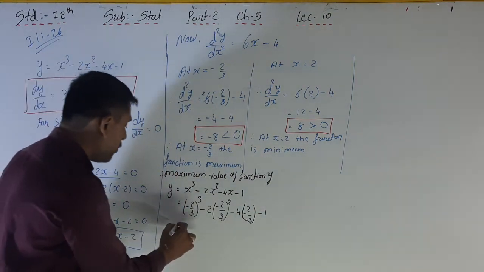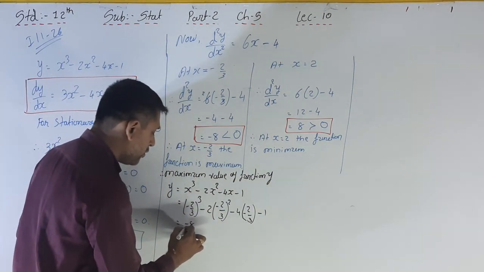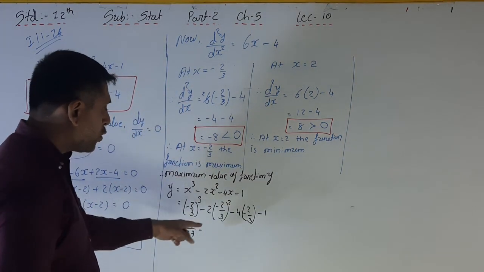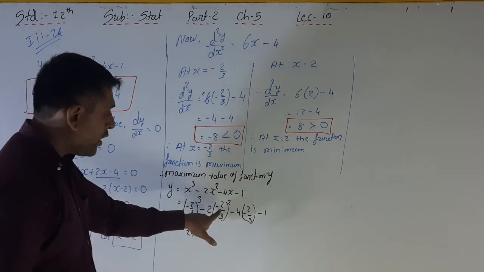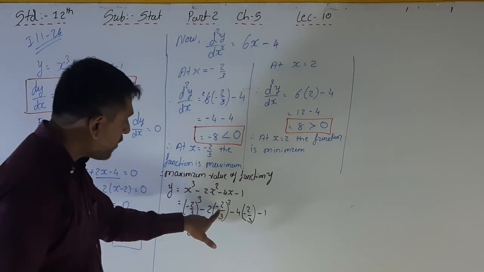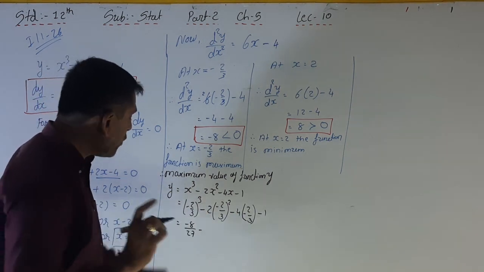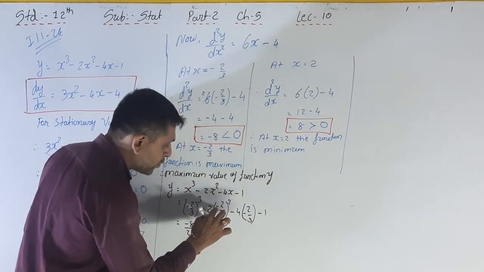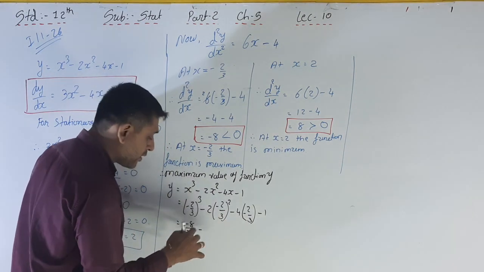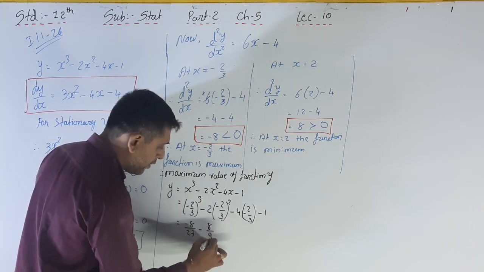Okay, so what is the simplification? Minus 2 cube is minus 8, 3 cube is 27. Minus 8 by 27, that is, minus 2 by 3 cube is minus 8 by 27. Then minus 2 into minus 2 by 3 whole square. Here 2 square is 4 upon 9, but minus 2 times that is minus 8 by 9.